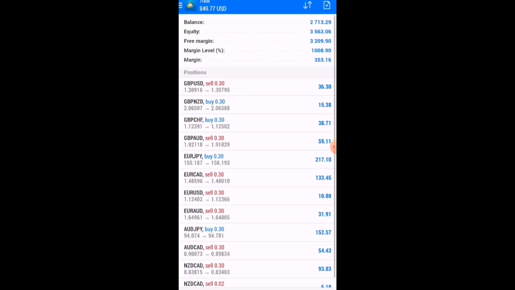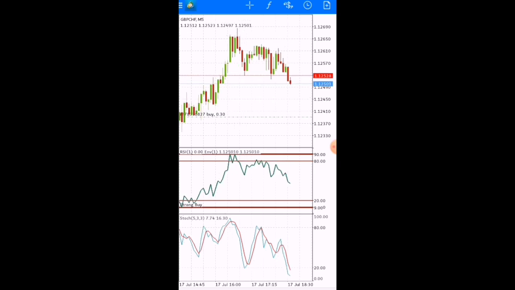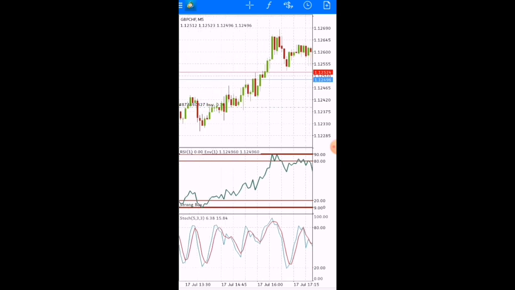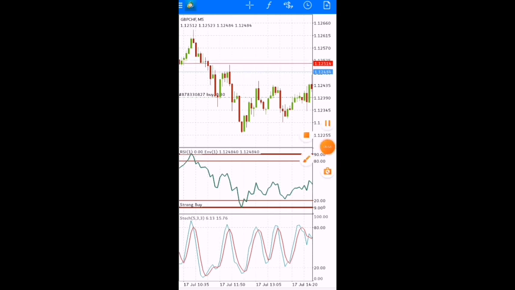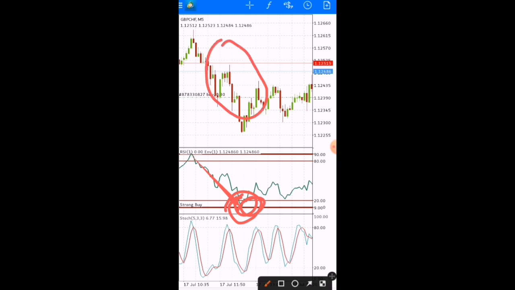Okay, let's take maybe GBPCHF. Okay, GBPCHF, it was a buy. So right here clearly you can see price was from the upward direction, and then it came to touch right here. So what you focus on now is what is happening on the main chart.